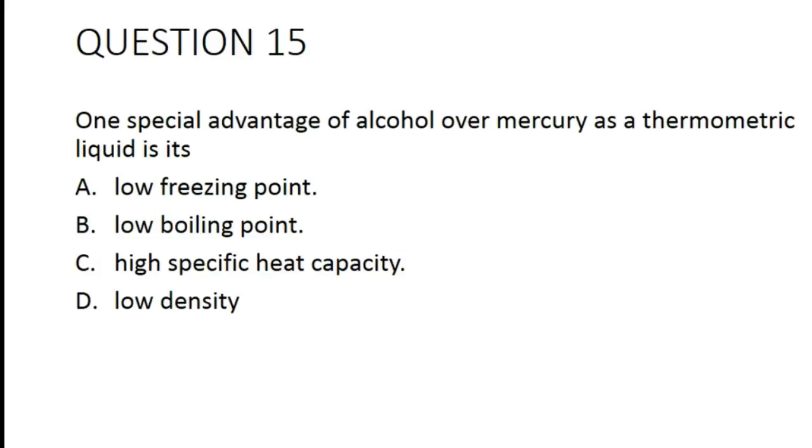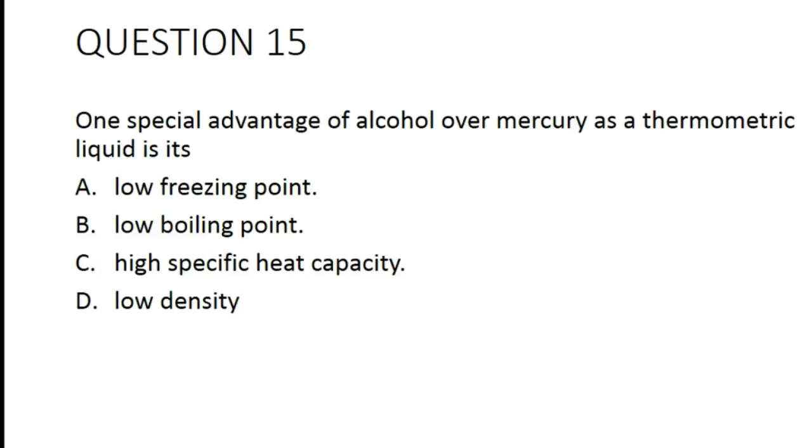Question 15. One special advantage of alcohol over mercury as a thermometric liquid is its A, low freezing point, B, low boiling point, C, high specific heat capacity, D, low density.